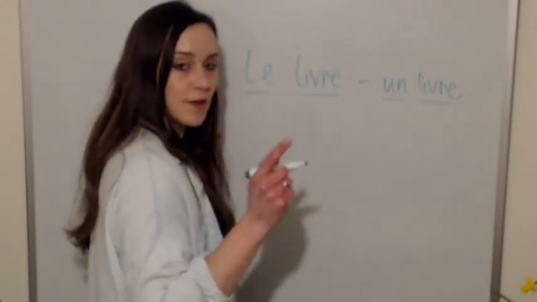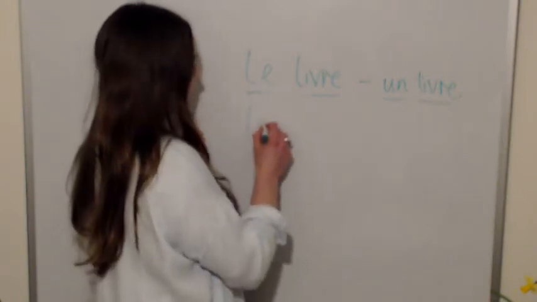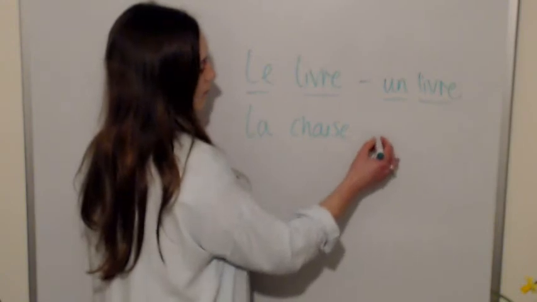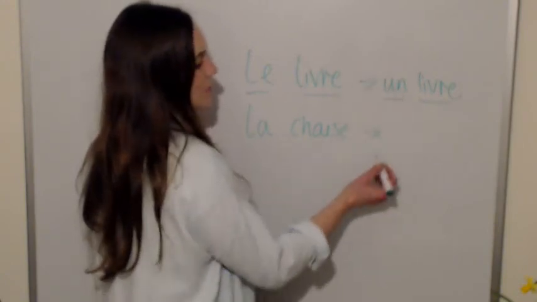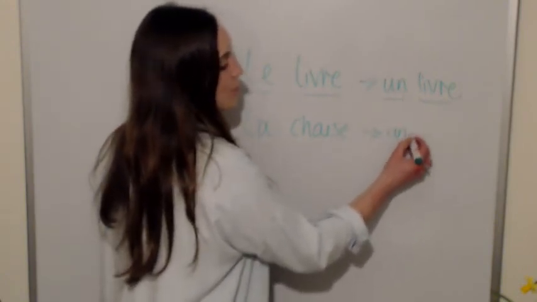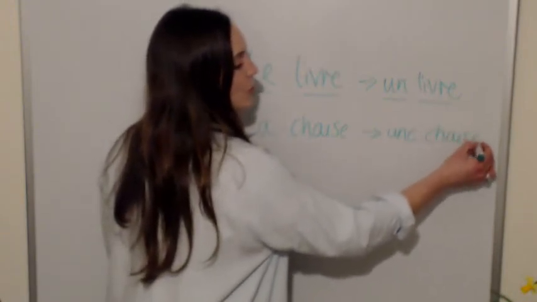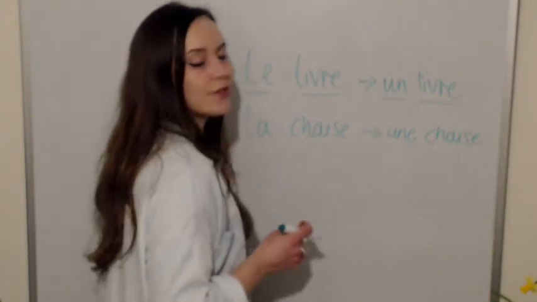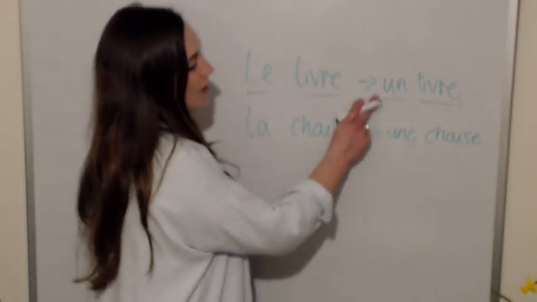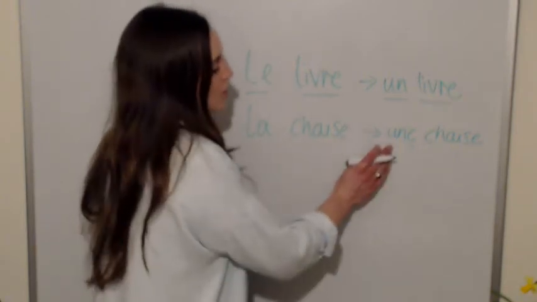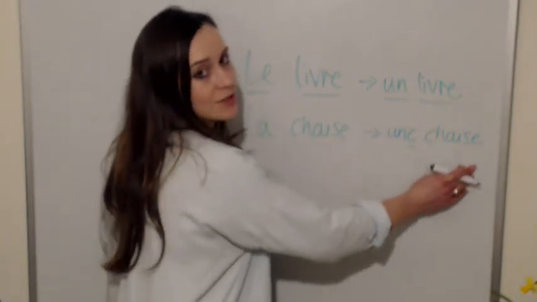Let's look at the feminine way. So we have la chaise. La chaise becomes not un chaise, but une chaise. Une. So instead of un, we have an e on the end of the word a. Une chaise. Une.